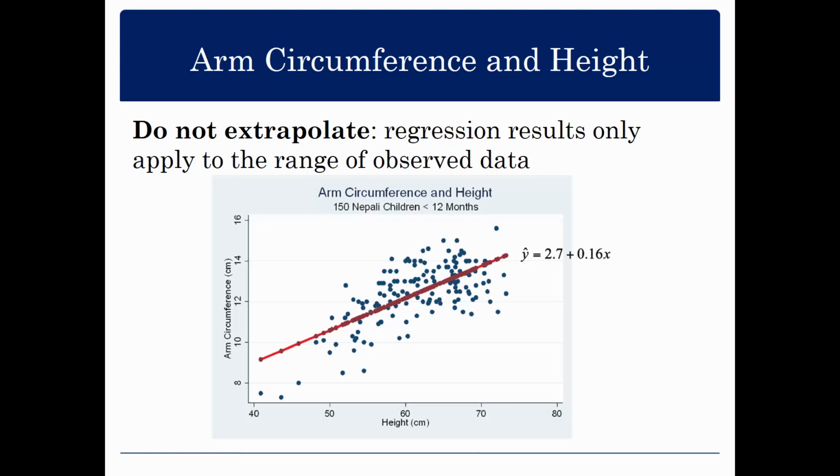I would probably get children whose heights in centimeters were larger than what I actually observe in this study. But the key here is I didn't do that. I didn't observe those children, and it could be that this line might reasonably describe it for a while, but it might flatten off. And there's no way of knowing if the line really applies beyond the bounds of the observed data.